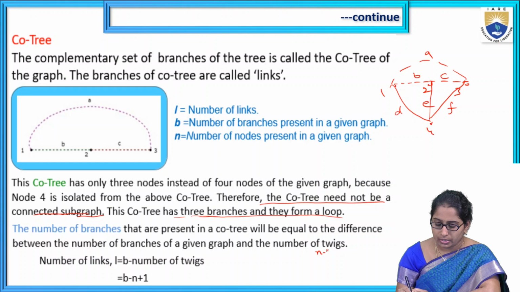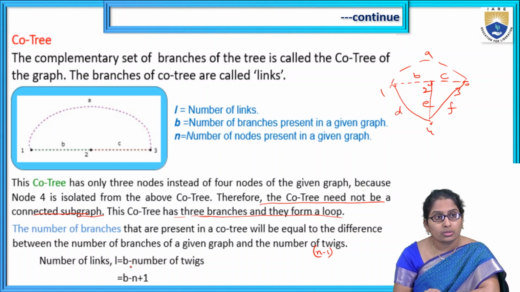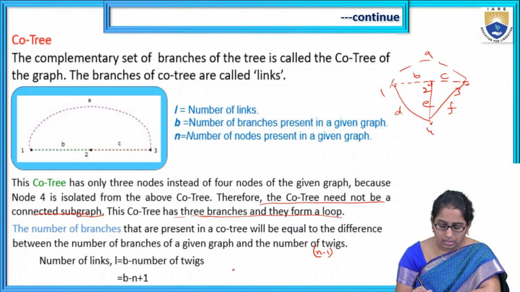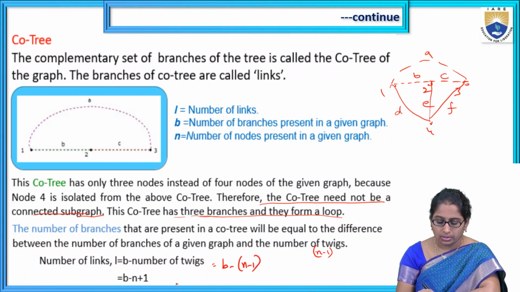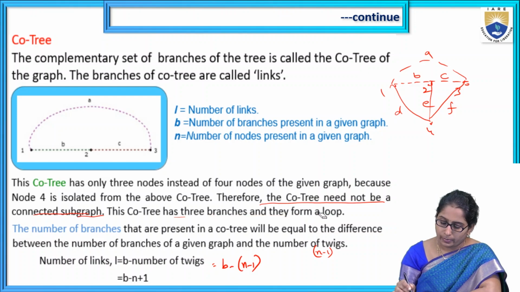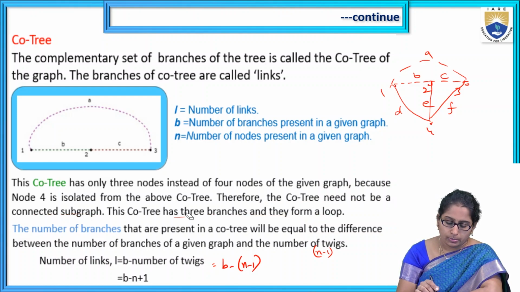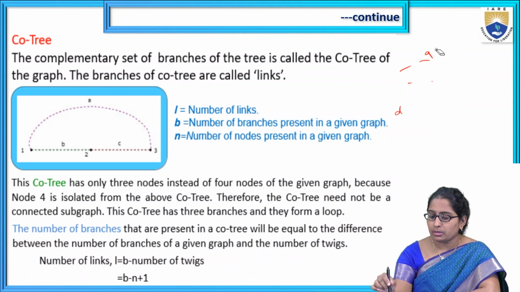We know that it is n minus 1. So links is equal to total branches minus number of twigs. What is twigs? n minus 1. So b minus (n minus 1). What will it give? l equals b minus n plus 1. That is a point. So that is about the tree and co-tree.